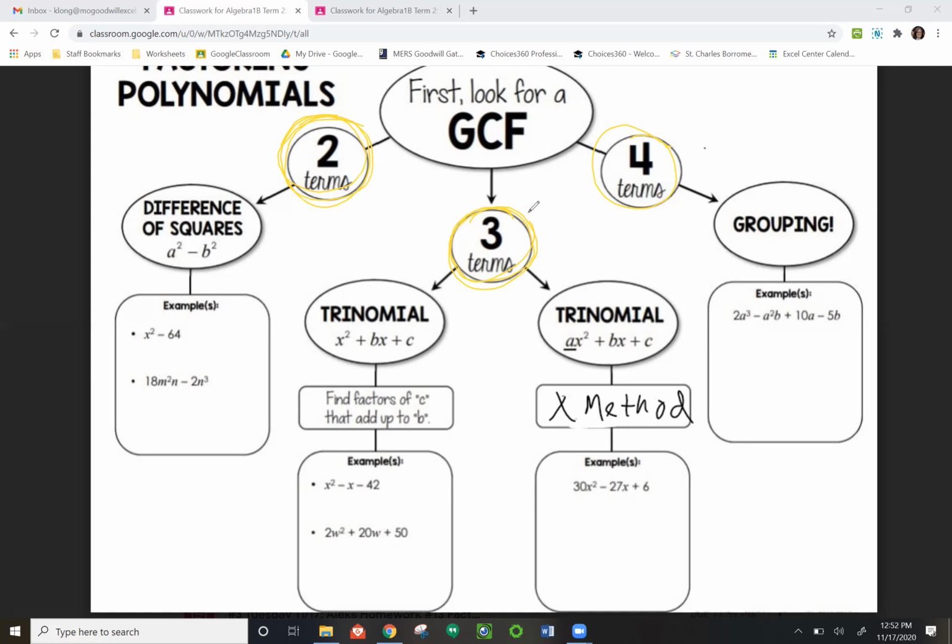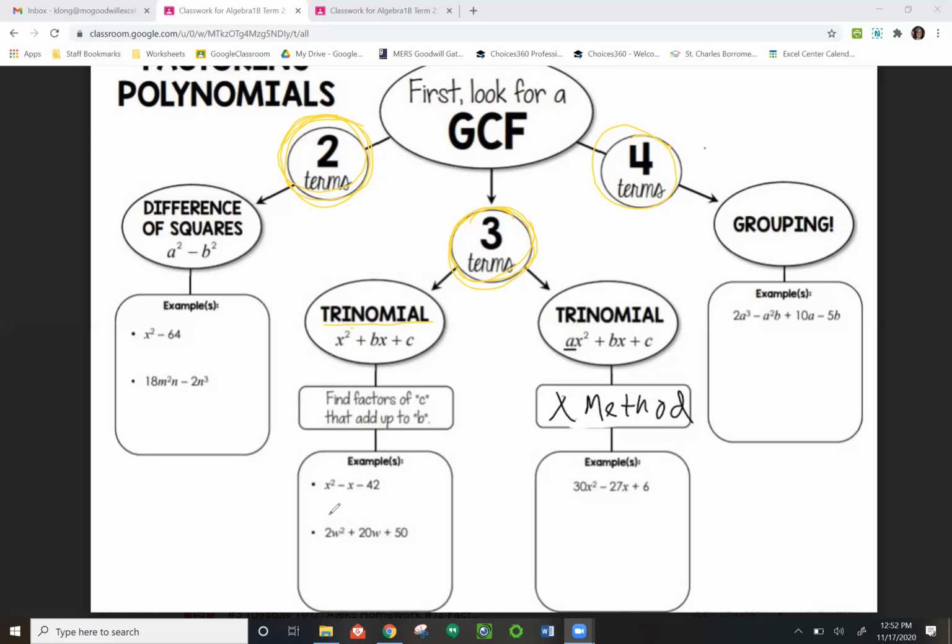One of them is a shortcut method, I like to say, and that's going to be when you have a trinomial, okay? Trinomial just is a polynomial that has 3 terms, where your leading coefficient is a 1. That means that the coefficient in front of your x squared is just 1, okay? And so you get to do that kind of shortcut method.